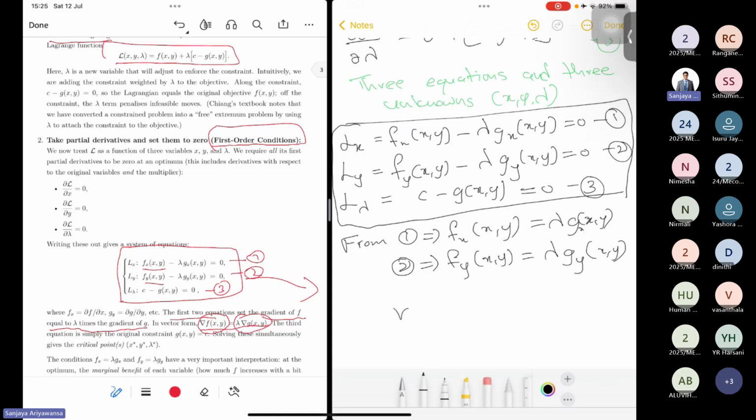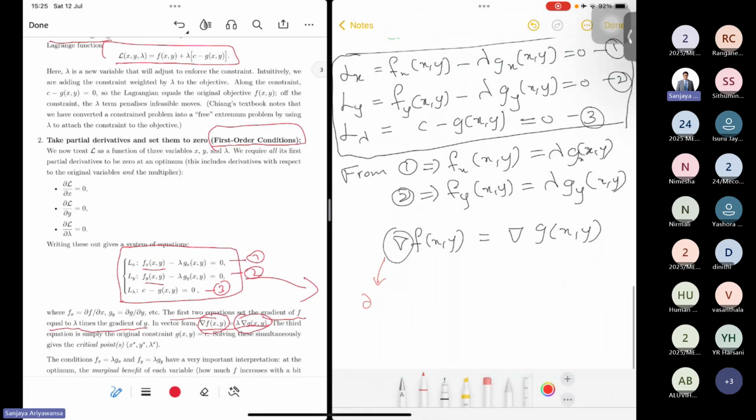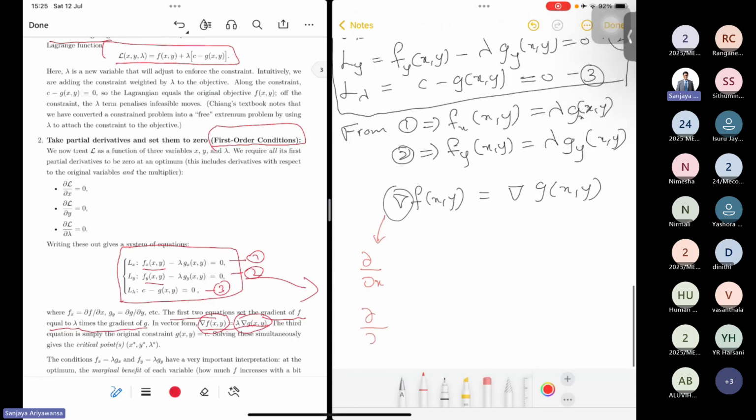That's what I've given here as the gradient of the function f of xy equals lambda times the gradient of the function g of xy, where this particular operator, what does it mean? It is simply taking the operators del x, del y, because you're partially differentiating with respect to x and y your functions g of xy, right?